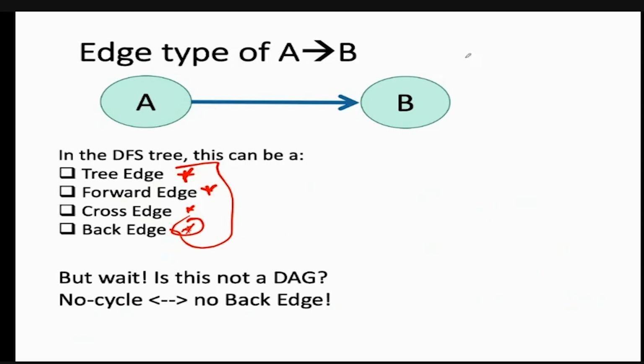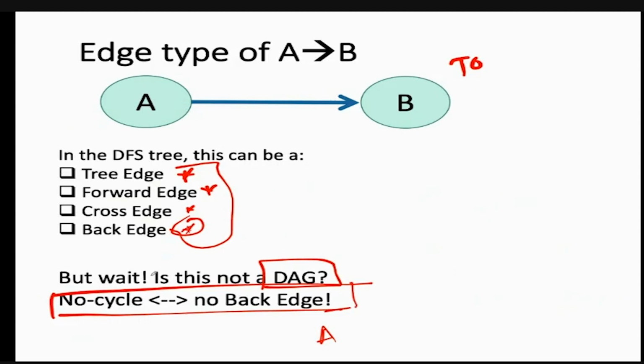As we have said, in topological ordering we need to have a DAG. Otherwise, we cannot have a topological sorting or topological ordering of the vertices. If the graph doesn't contain any cycle, then there is no back edge. Again, this comes from the video just before.